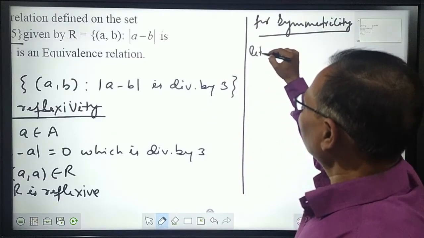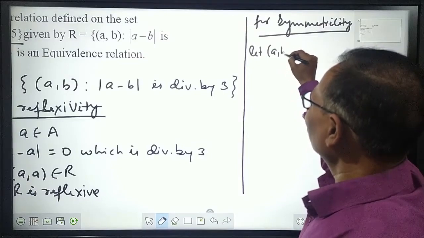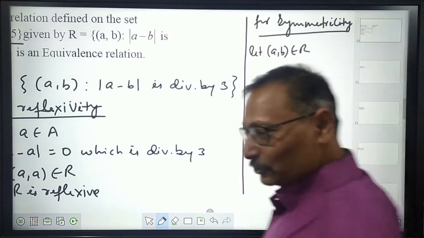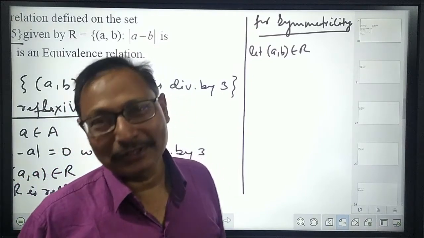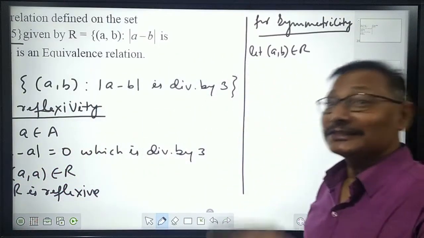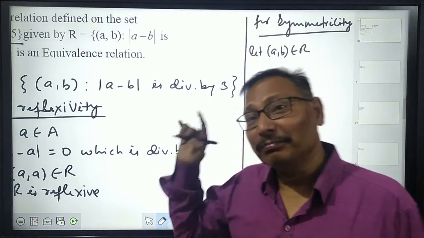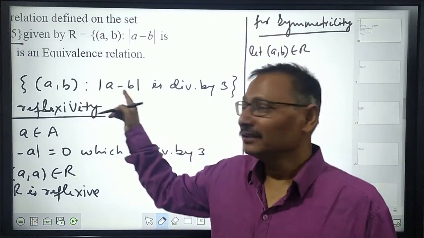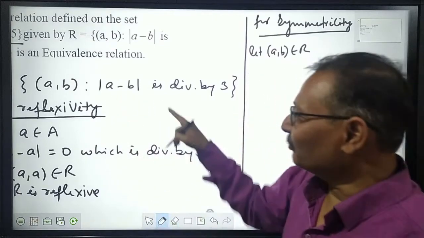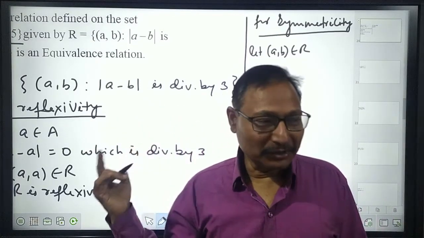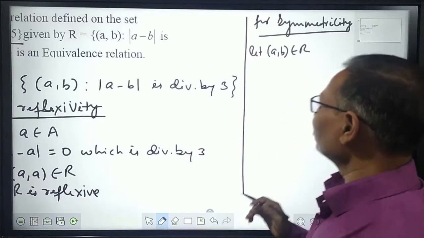So I am writing here, let A comma B belong to R. So we suppose that the pair A comma B belongs to the given relation, and since it belongs to the given relation, it must satisfy the given condition for being inside it, and that condition is this: modulus of A minus B must be divisible by 3.